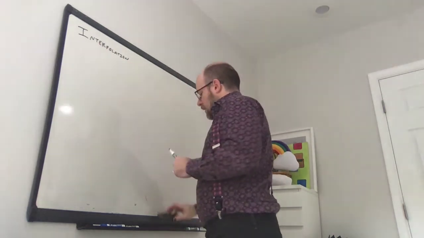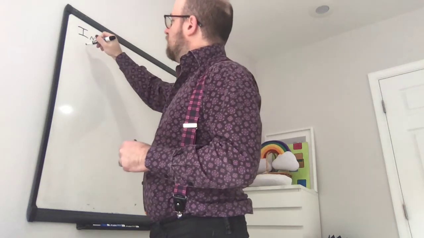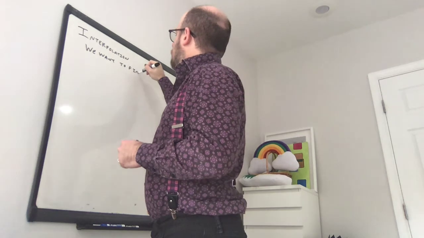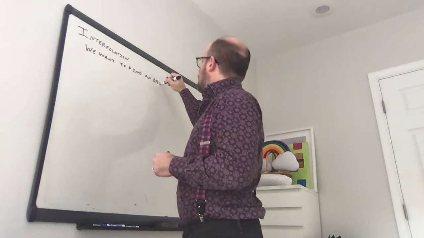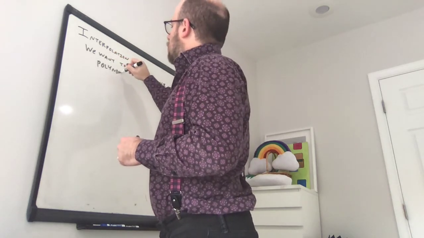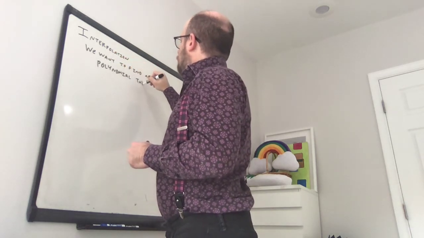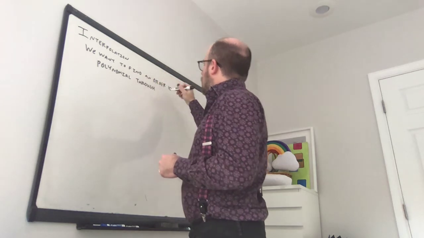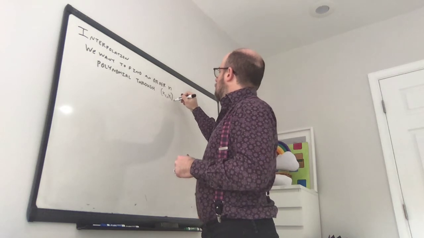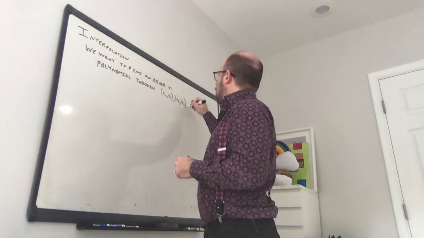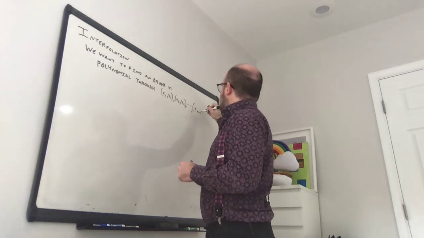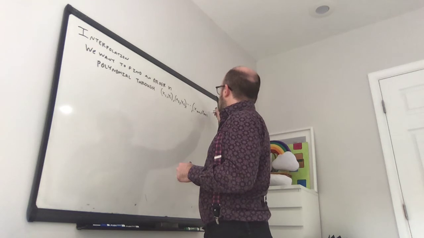So, if we want to find an order n polynomial through x1, y1, x2, y2, all the way up to x n plus 1, y n plus 1, right?